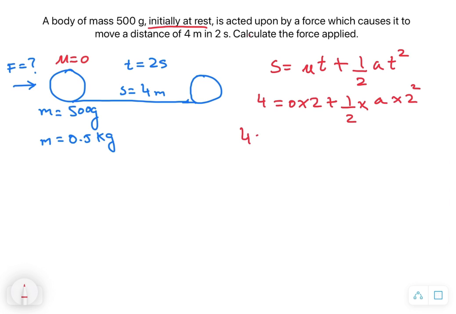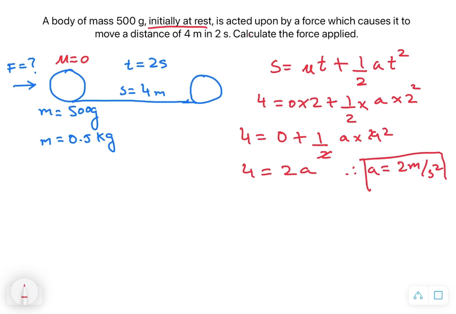So 4 is equal to 0 plus half a multiplied by 4. 2 2s are 4. So 4 is equal to 2a. Therefore, a will be equal to 2 meters per second square.